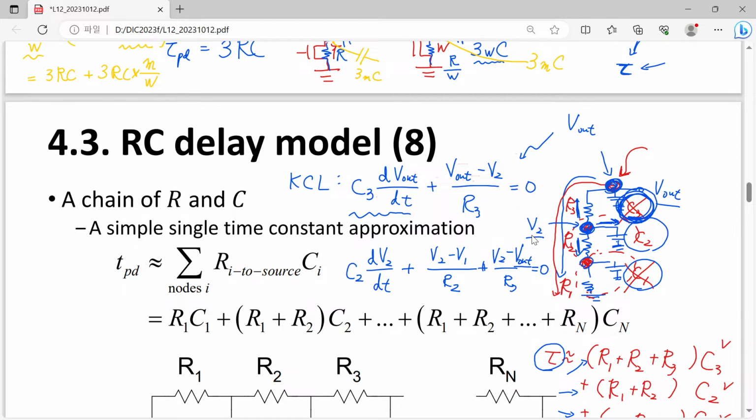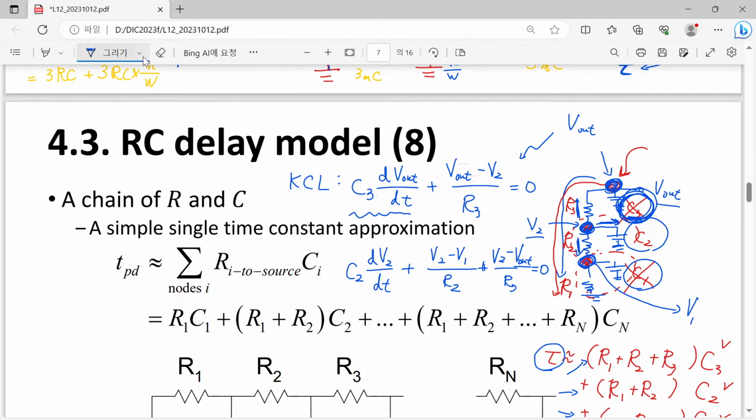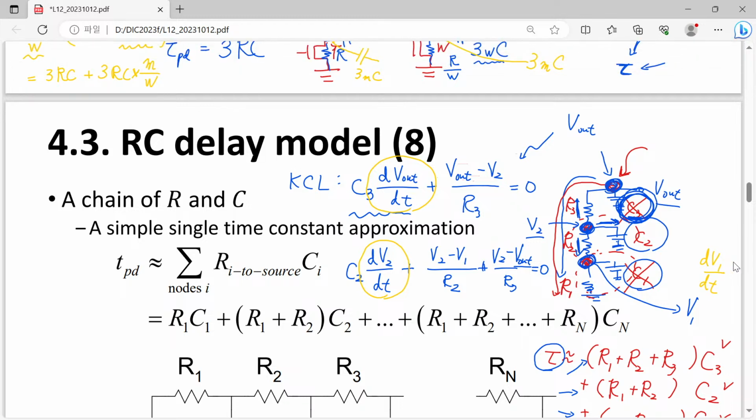It is not the end of the story; we have to build the final one for the V1 node. By repeating this, you will find a term for dV out over dt, another one, and finally one for dV1 over dt. By solving three coupled differential equations, eventually you will get the solution of this system.